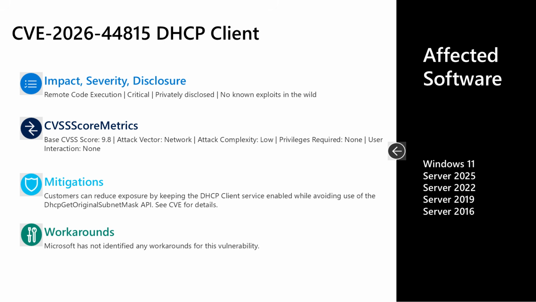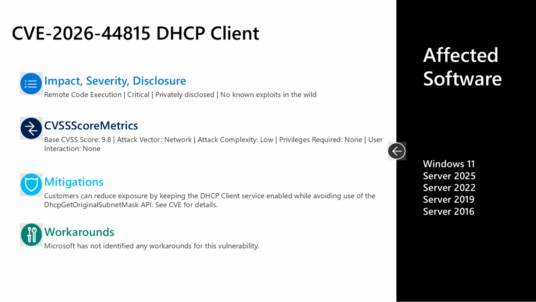There is a mitigation that's available here, but it's a little complex. It's not necessarily easy to implement. If you're interested in that, take a look at the CVE itself where there's more details. There are no documented workarounds for this. As far as the affected software, it's all versions of Windows in mainstream support, whether that's Server 2016 up through Server 2025, as well as Windows 11.